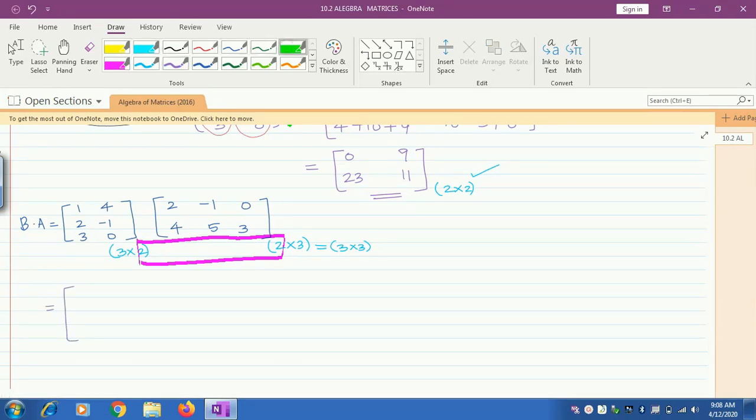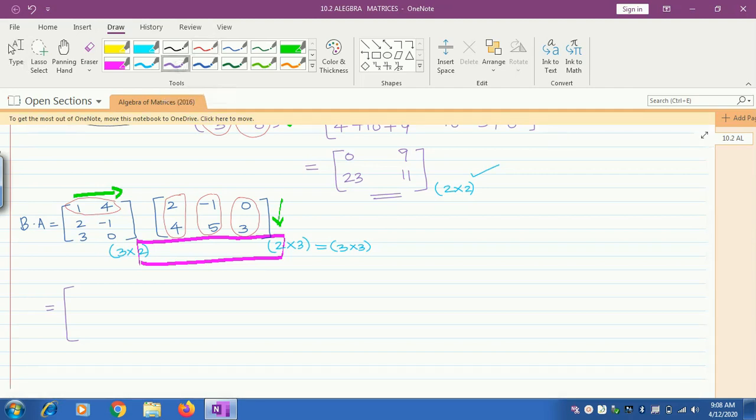So first take the row and multiply with column. First row I multiply with 3 columns. This is the first column, second column, and then third column. Okay, first column. What is the first one?